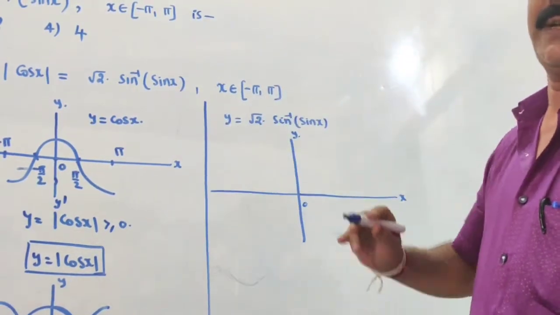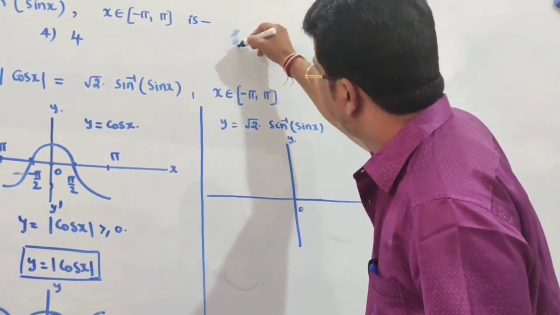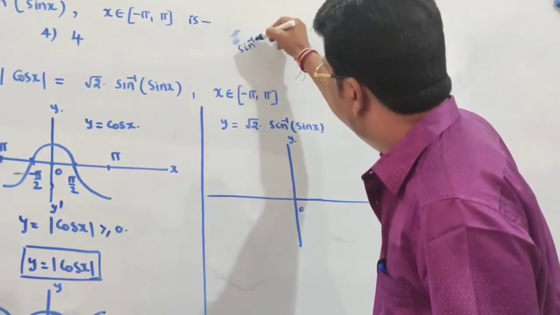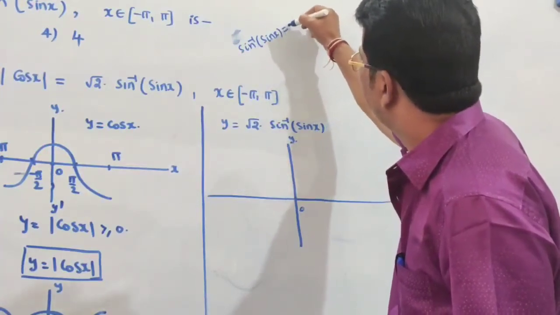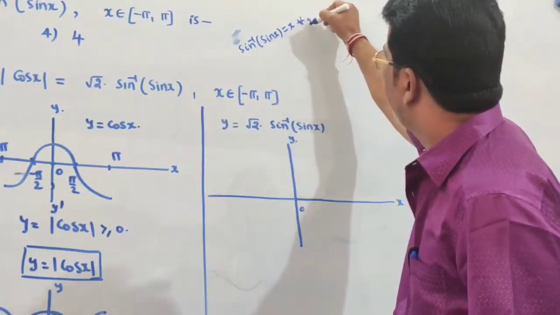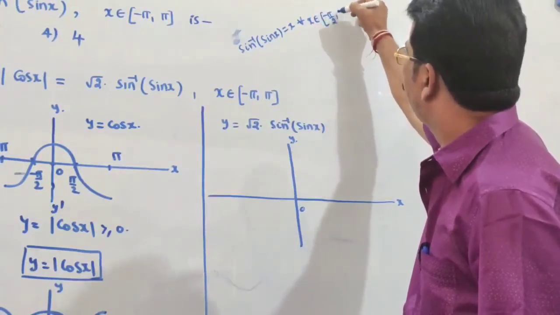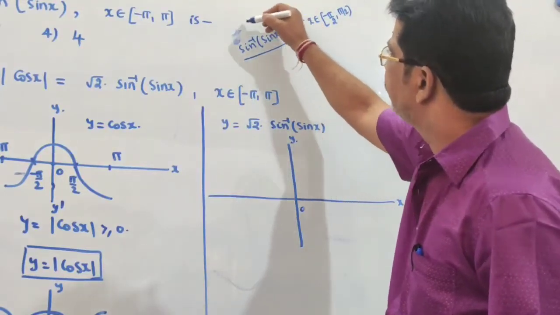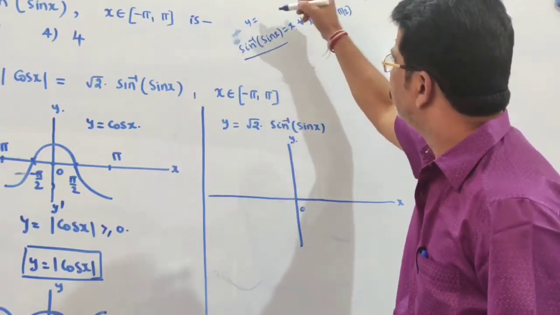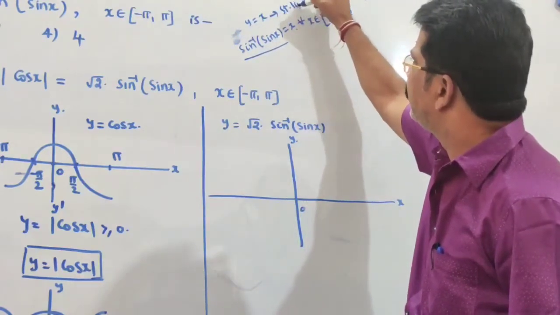First the basic one: sin inverse of sin x is equal to x for all x belonging to the closed interval of minus pi by 2 comma plus pi by 2. That means y equals x, so it is a straight line, not a curve.